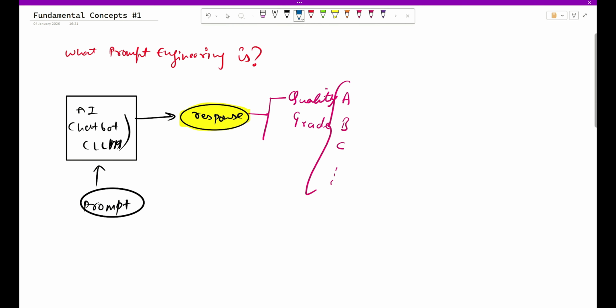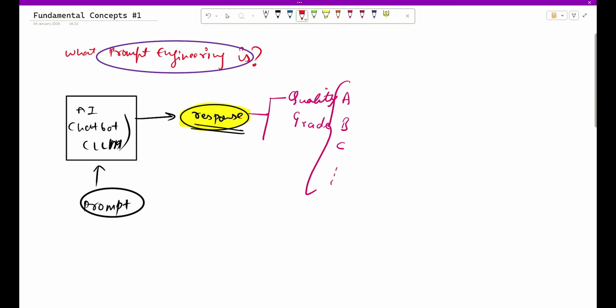Now, this quality grade is totally dependent on the prompt you give to this AI chatbot or LLM to get a response. This whole thing is governed by prompt engineering.